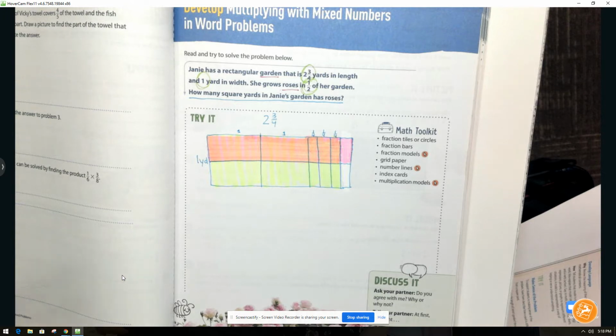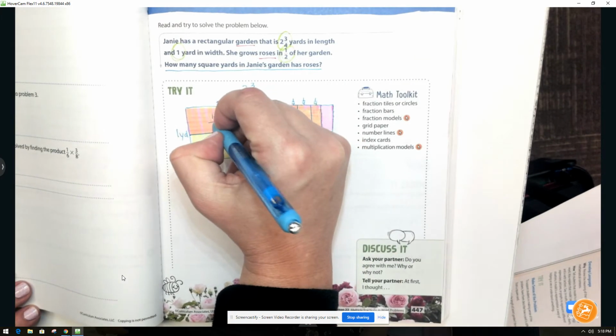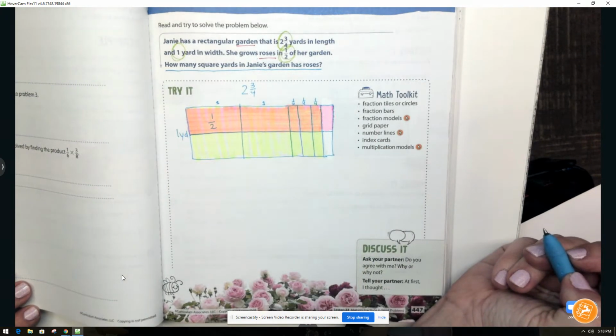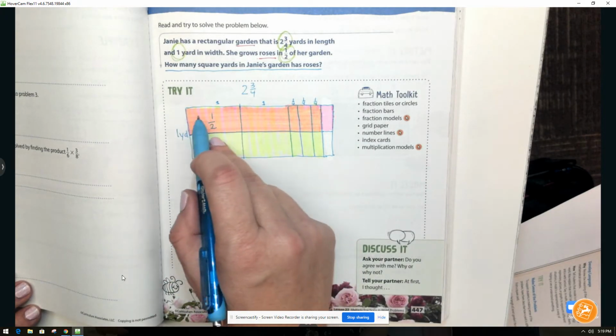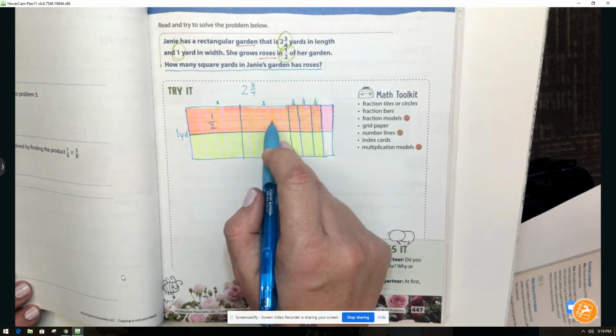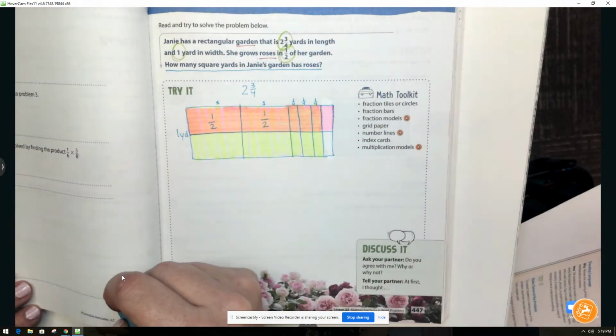So we can see here that we have this right here is 1/2 of a whole, because as you can see, this is a whole and we've shaded in with yellow and pink half. This here is another 1/2 of a whole.